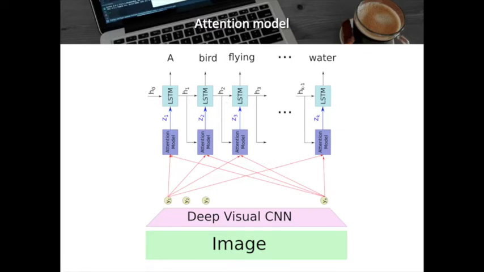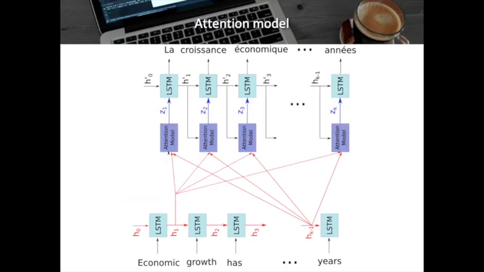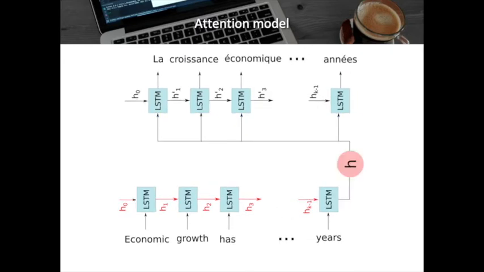Okay, and so now we can basically use this approach in the context of machine translation. And there's some work by Bahdanau et al. that actually proposed a neural translation model that learned to translate sentences from one language into another language using an attention model.